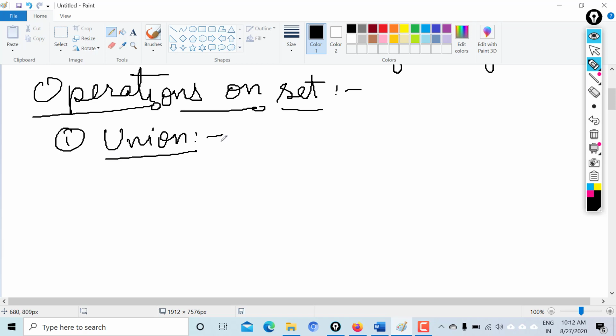In the case of the union operation, suppose A and B are two sets.